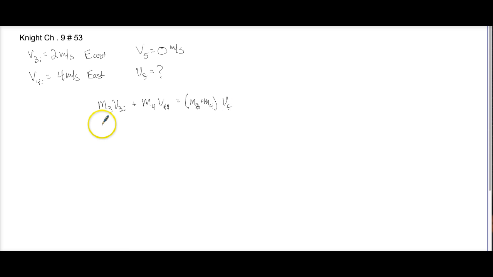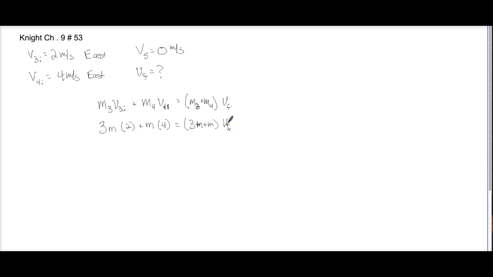So plugging in what we know, they're all identical cars. If we have 3 of them, we can just call the mass of the cars 3m, and they are traveling at 2 meters per second. And then this next car, the 4th car that hits, has a mass of just m, and it's traveling at 4 meters per second. So plugging the rest of the stuff in here, we get 3m plus m times the final speed.